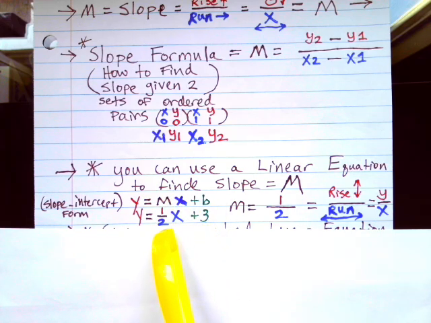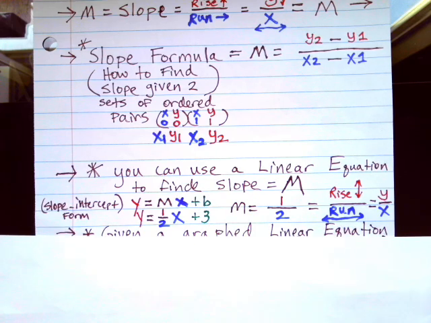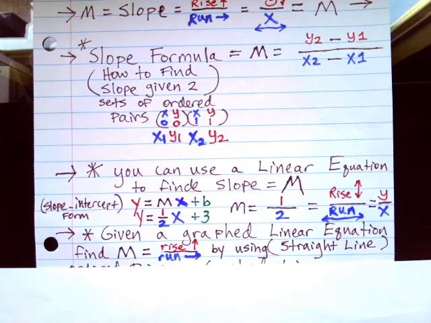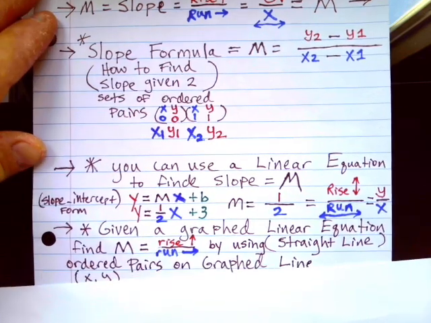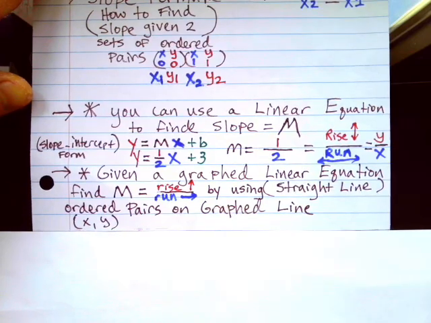So the slope in this equation is 1/2. Rise over run, y over x. It's always going to be a fraction. And your b value here, which is a positive 3, is your y-intercept, where x is always, always, always going to be 0. Again, take a look at my prior videos. This will make a lot of sense.